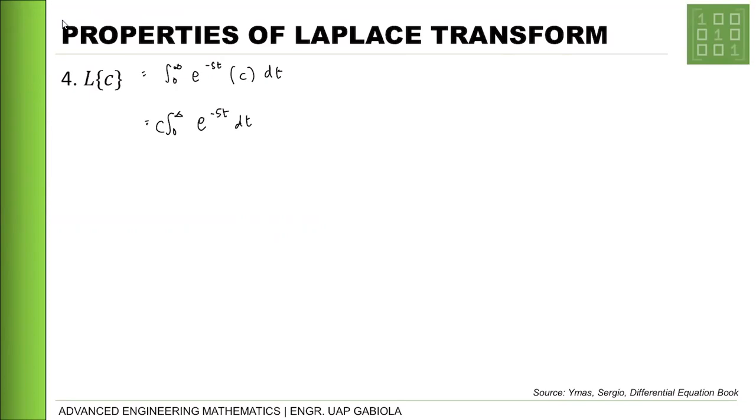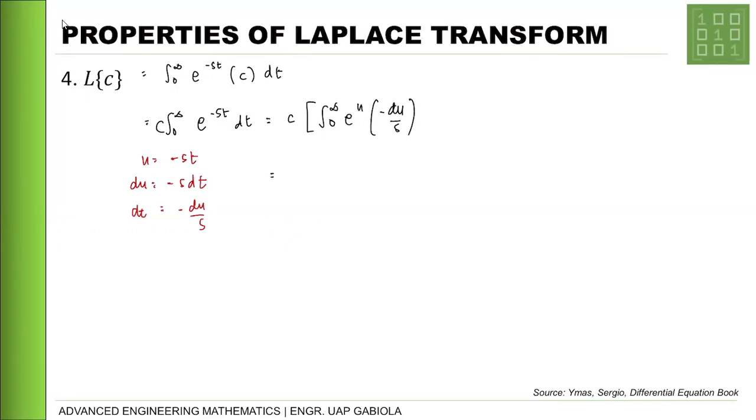Okay? So letting u equal to negative st, our du will be equals to negative s dt, or dt natin is equals to negative du over s. Okay? Then substituting that value, we will have integral of 0 to infinity e^u, and then ang dt natin will be negative du over s.